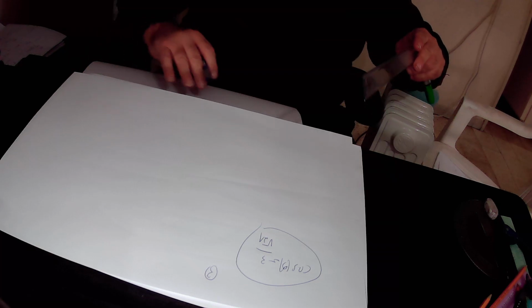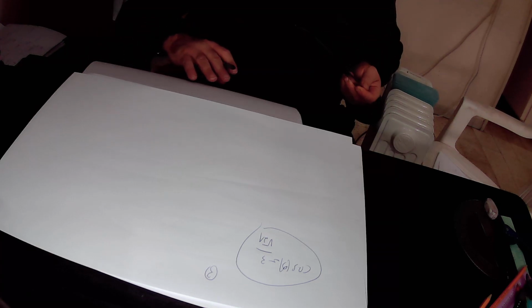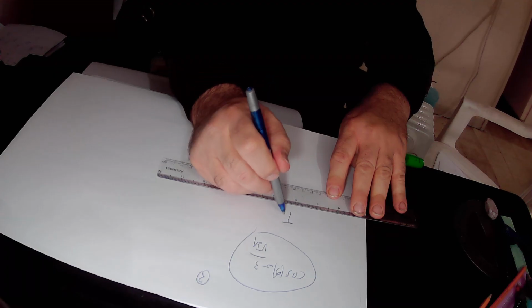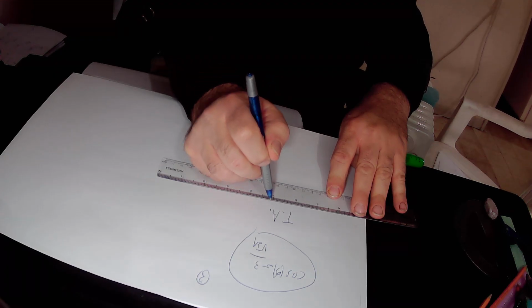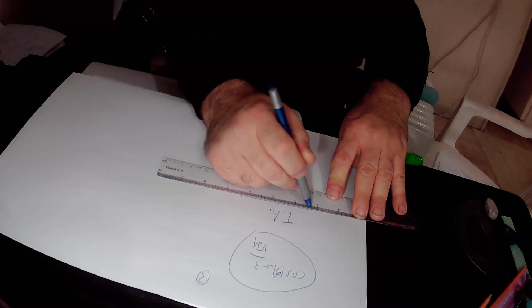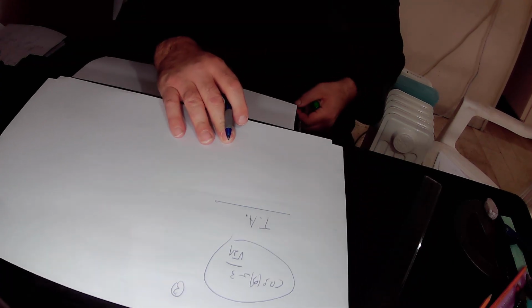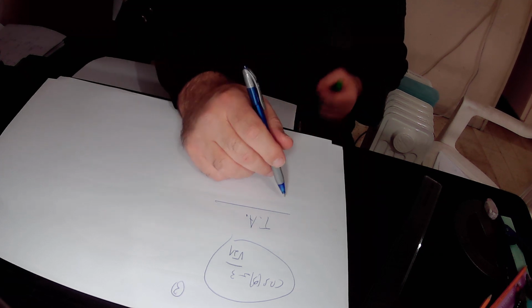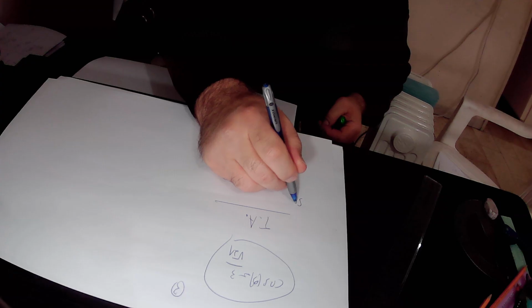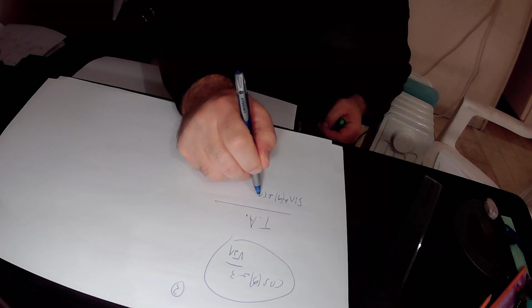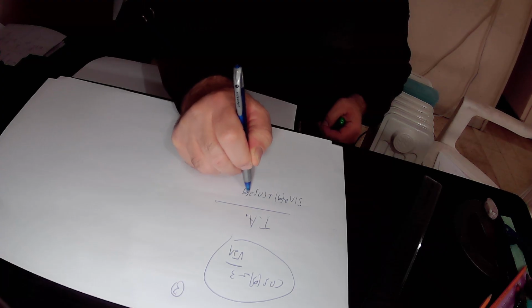In the next step, we use the following trigonometric identity. Here TI is the abbreviation for trigonometric identity. The trigonometric identity is as follows: sine squared alpha plus cosine squared alpha equals 1.